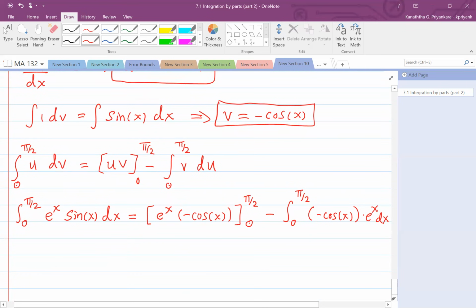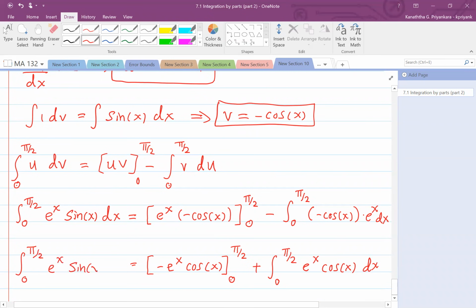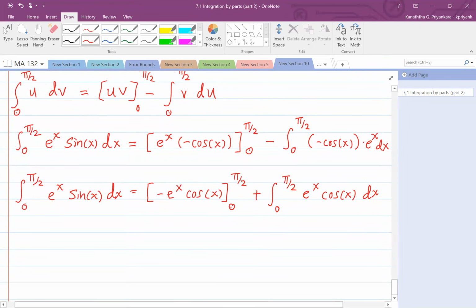Now let's simplify this. We have negative e to the power x cosine x, evaluated from 0 to pi over 2. Minus minus we get plus the integral from 0 to pi over 2 of e to the power x cosine x dx. So this is the integral from 0 to pi over 2 of e to the power x sine x dx. Now let's substitute pi over 2 and then 0.